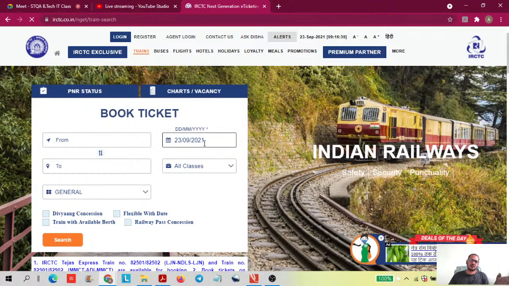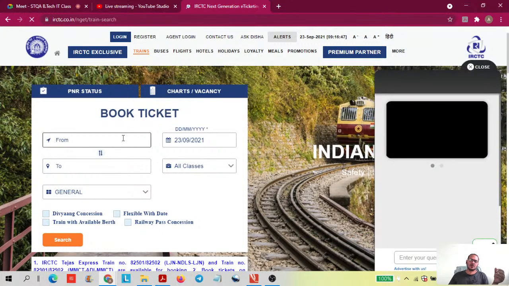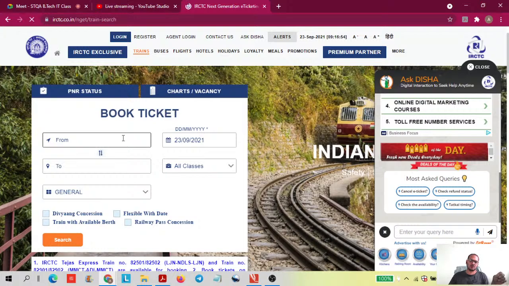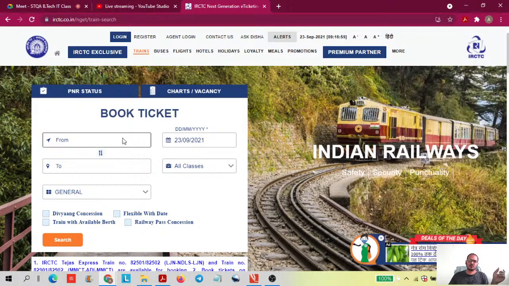Otherwise most people faced problems even to log in, because at a time more people log in to this site during Tatkal, at 10 o'clock or 11 o'clock. That time is fixed all over India. So at that time we face such performance issues.